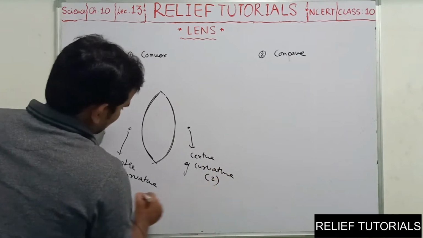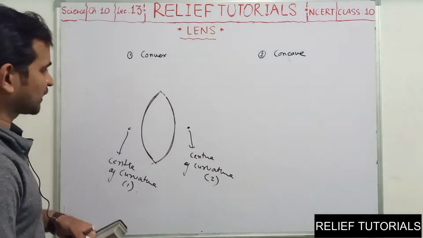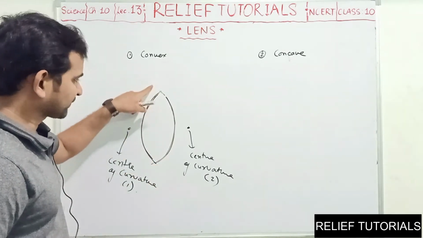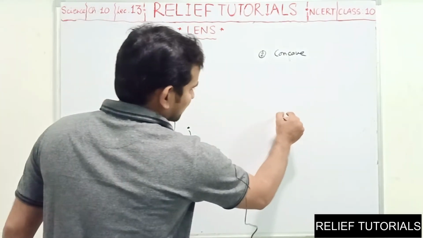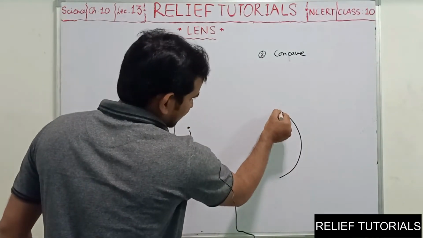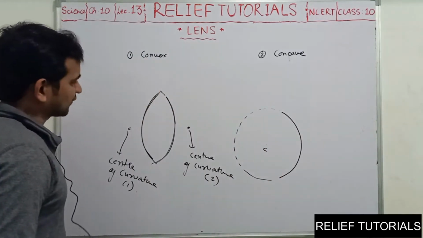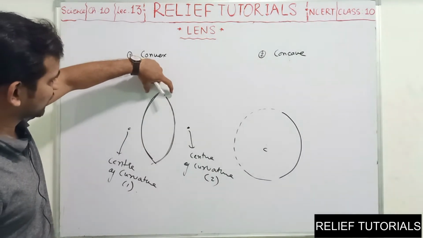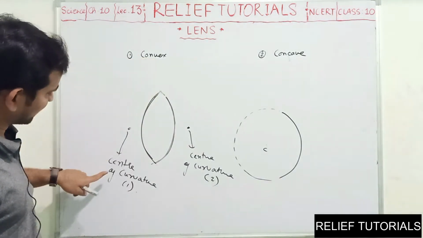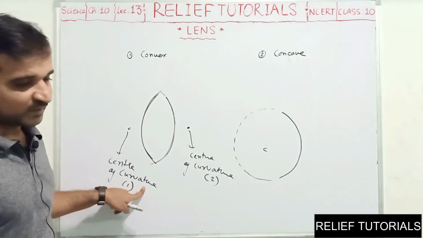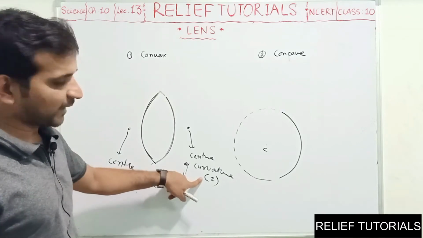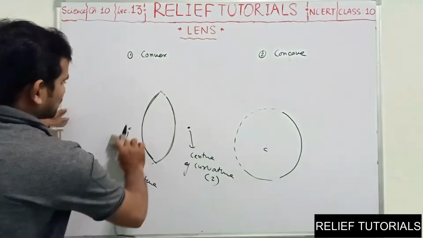Center of curvature 1 and 2, because there are two curved surfaces. In mirrors we had only one curved surface, so there was only one center of curvature. But in lenses we have two curved surfaces, so respectively we have two centers of curvature, center of curvature number 1 and number 2.